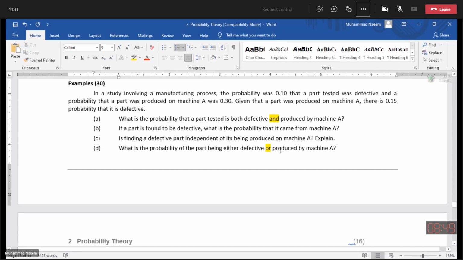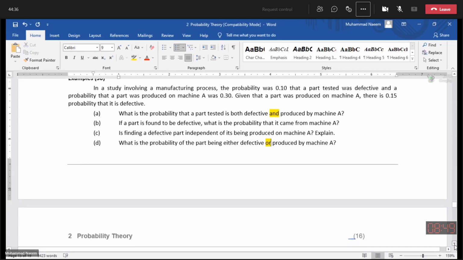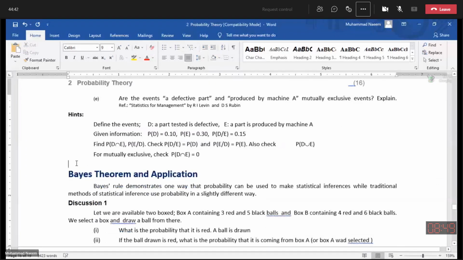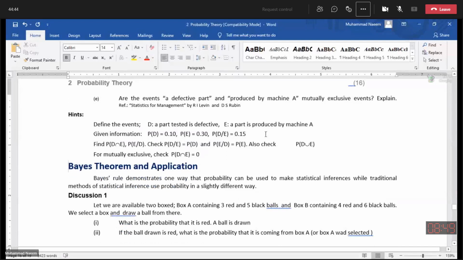This means the probability of the union is required here. Also, I have mentioned these hints here. So easily we can calculate all of the requirements in parts A, B, C, and D.